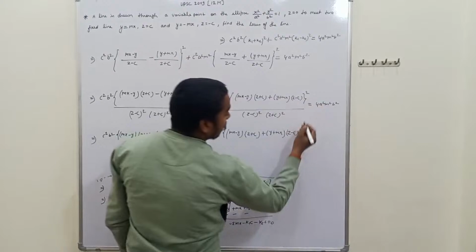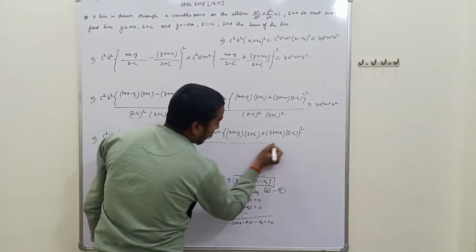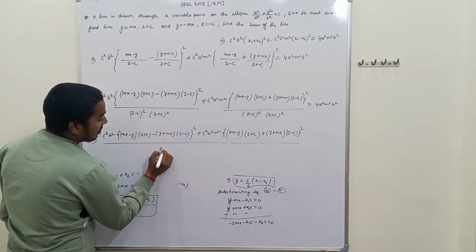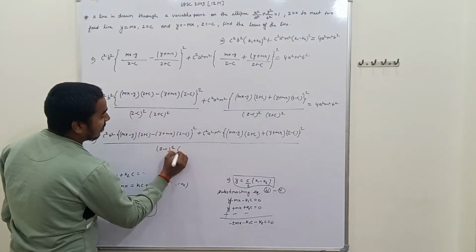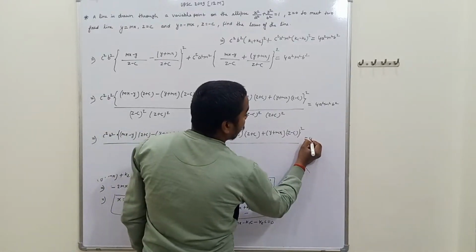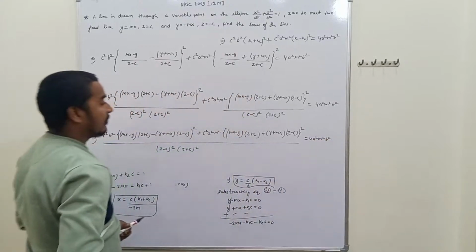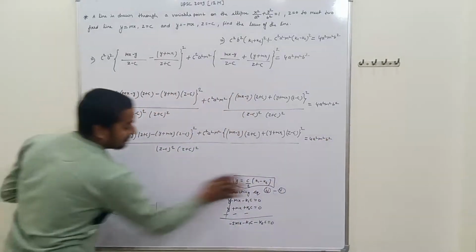Taking this, we have to write here, that is LCM is (z minus c) whole square and (z plus c) whole square, and is equal to 4a square m square b square. Further we have to do cross multiplication.